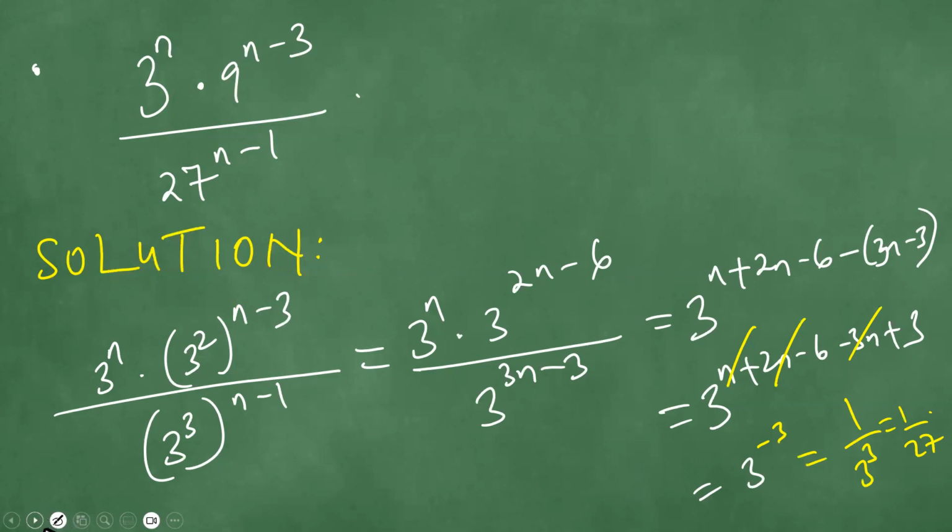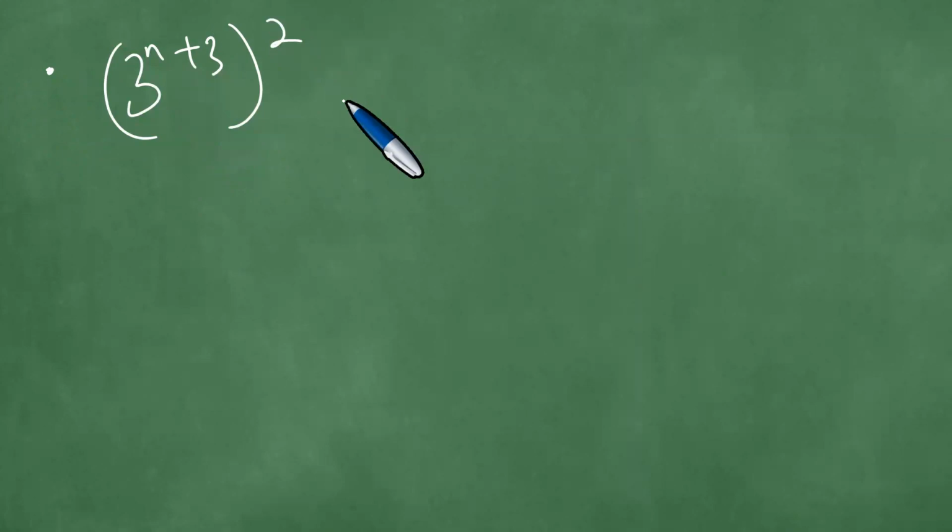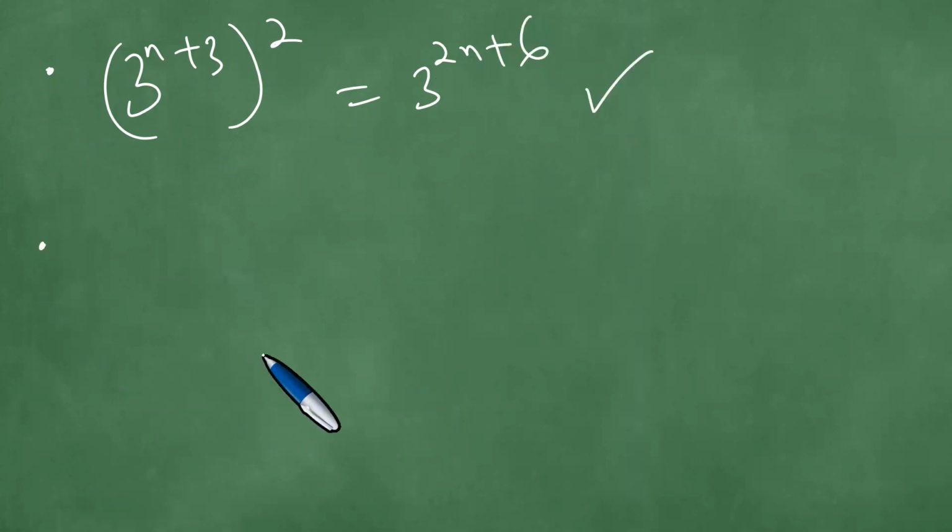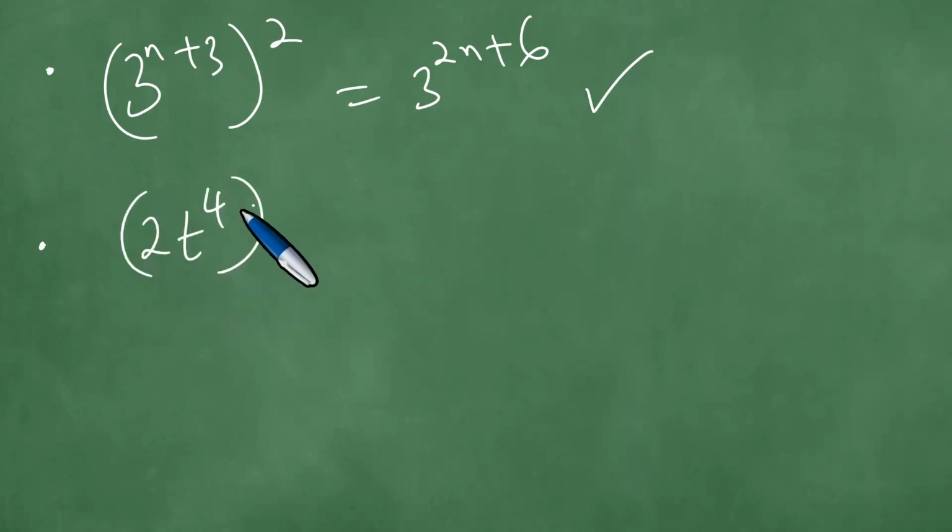Okay, let's look at this one, Rianda. What is this one here? 3 to the power n plus 3, to the power 2. What is 2 times n? 2 times 3. So this is done. What about 2 to the power 4, cubed?